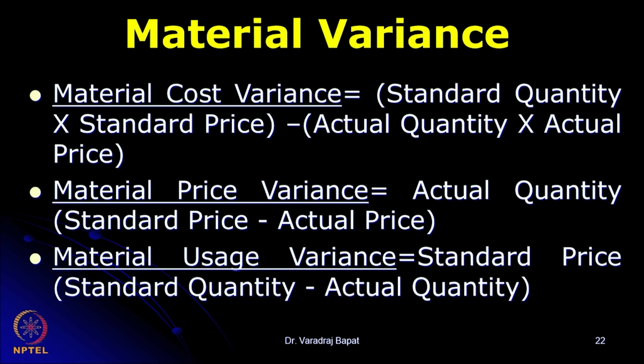Now one question that may arise in your mind is whether these quantities refer to input quantities or output quantities. Keep in mind that we are talking about input quantities because we are calculating cost variances. Cost is an input, so we will consider the input quantity.